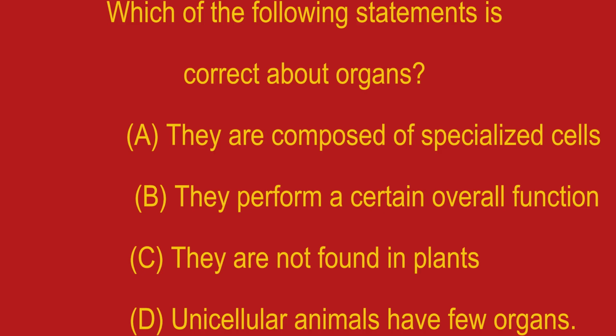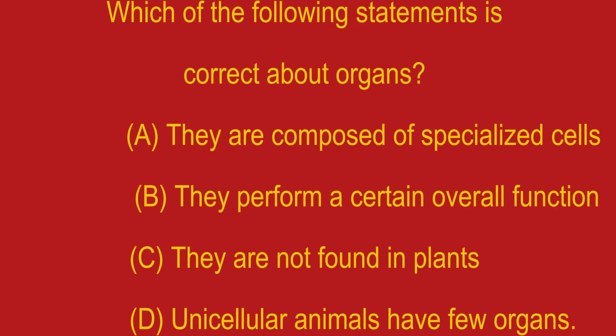So if something is composed of specialized cells, like amoeba, paramecium, euglena, volvox, you find out that they are not up to organs. Option B, they perform a certain overall function.